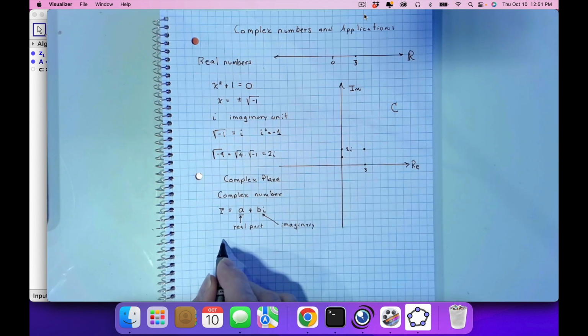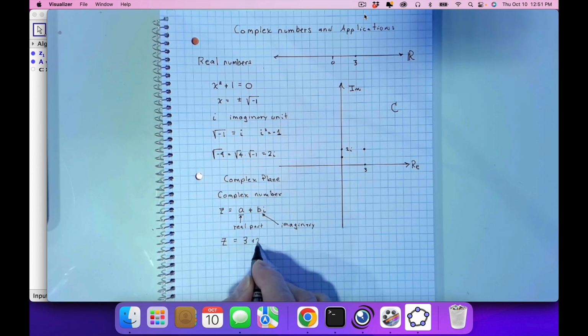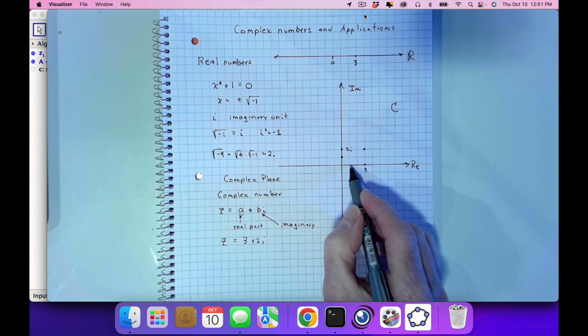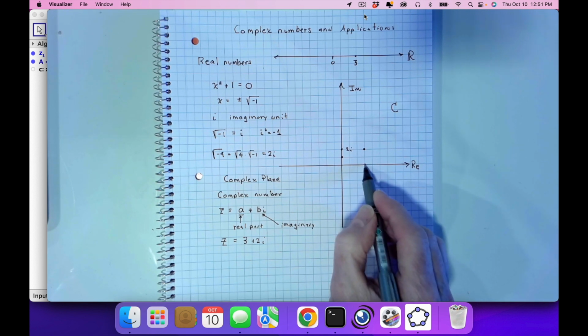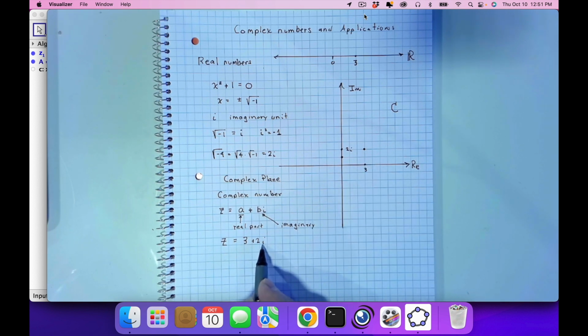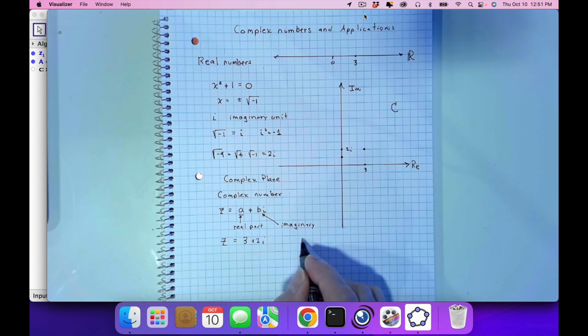For example, if you have the number z equal to 3 plus 2i, and you want to find that number in the complex plane, you take 3 steps in this direction on the real axis, and we can think of i as meaning rotate 90 degrees.